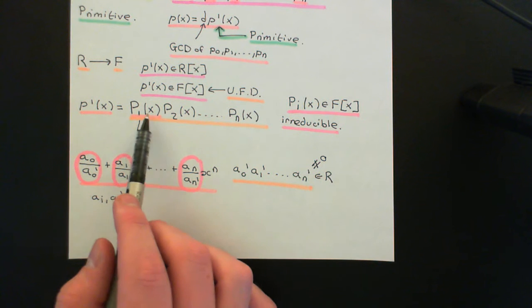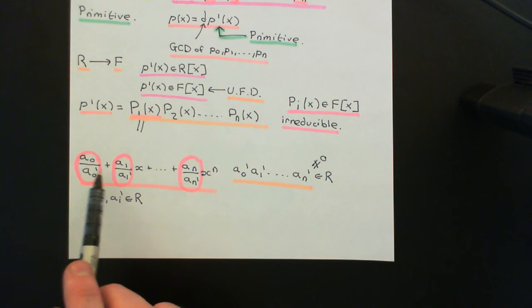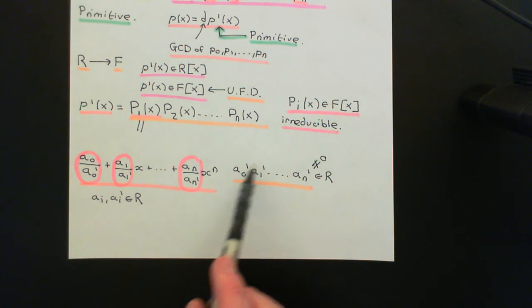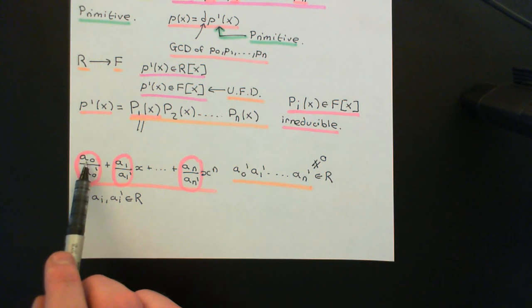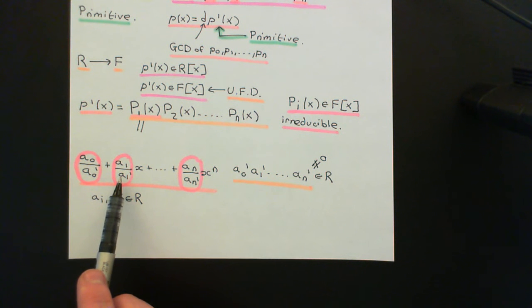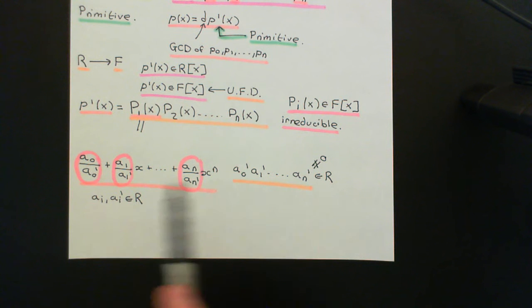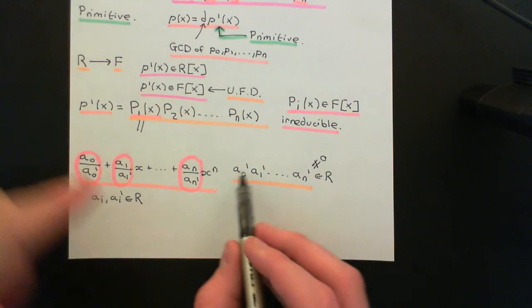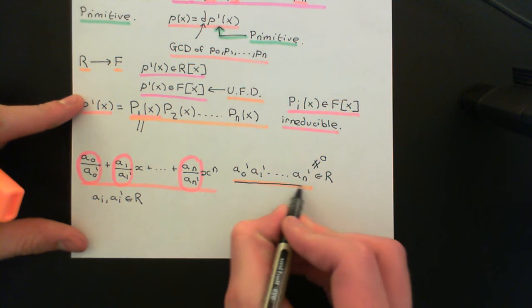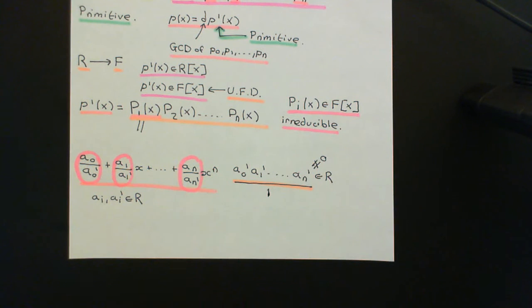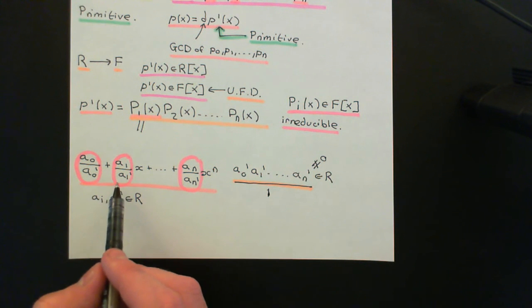I can certainly multiply this with my polynomial p1 of x, and of course you'll distribute this out in the normal way, and it will cancel the denominators. So when it multiplies this coefficient here, a0 prime will cancel. When it multiplies this coefficient here, the a1 prime will cancel, etc. Or really, more strictly, what will happen is you'll multiply this element, which strictly speaking would be the fraction over 1, if we were thinking of it as an element of the fraction field, capital F, with a representative from this equivalence class of fractions.